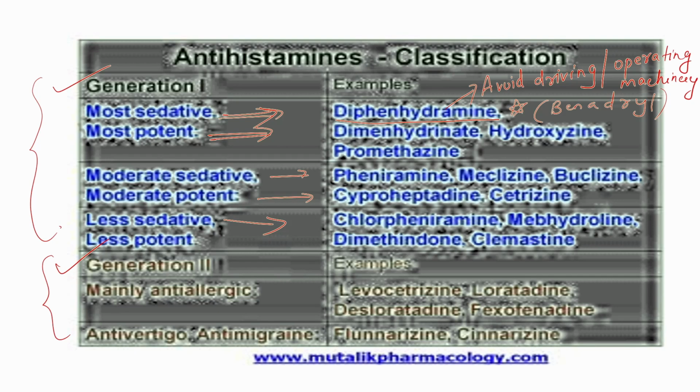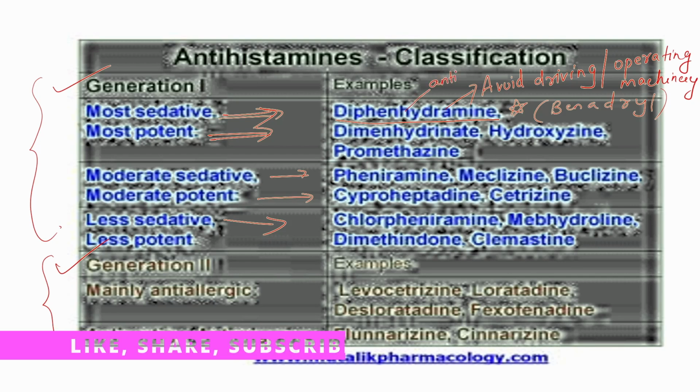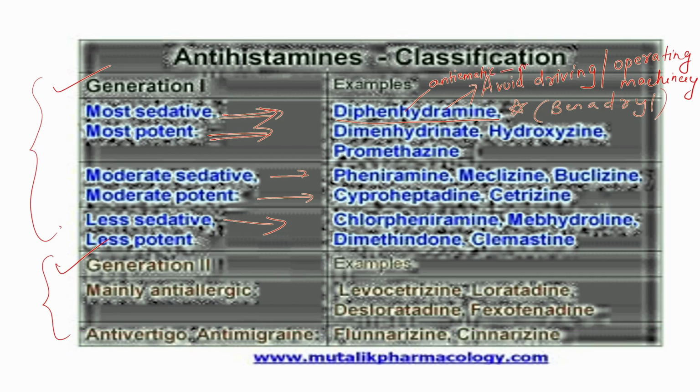And this diphenhydramine also has anti-emetic and anti-motion sickness activity, because they are acting on the H1 receptors. So they also have an anti-emetic property. So we can say this drug can also be used in motion sickness.